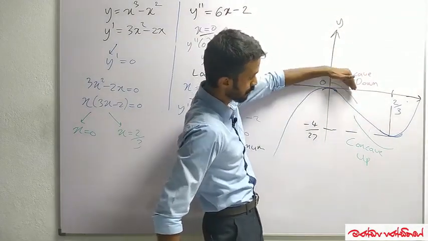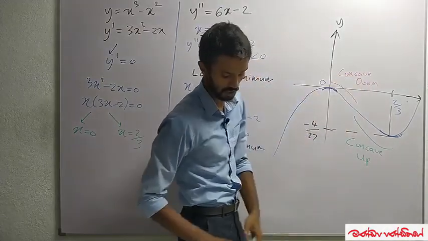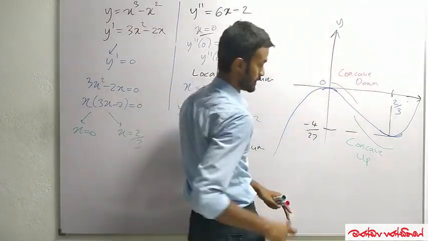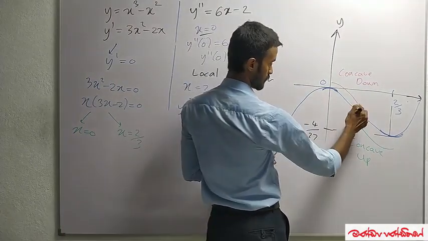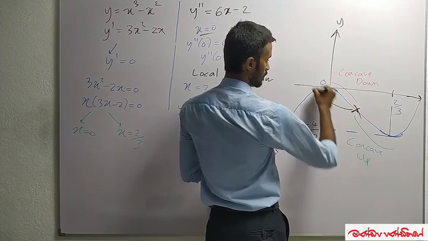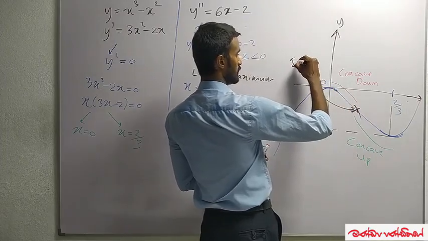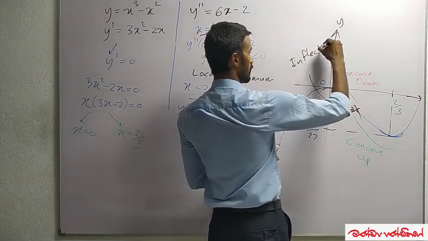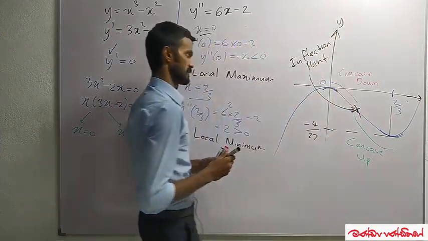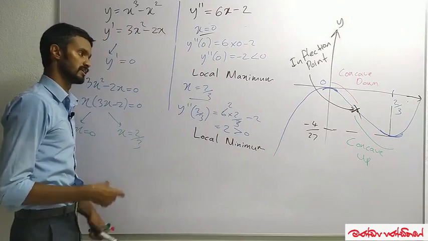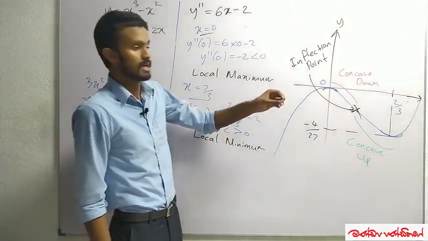From concave down to concave up, which means there is an inflection point here, because at that point, the concavity nature of the graph has been changed.